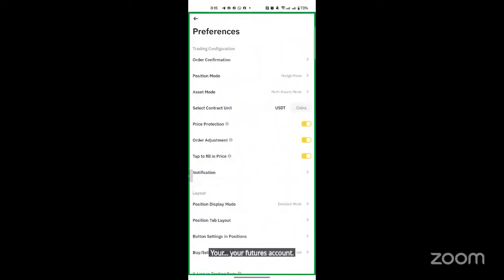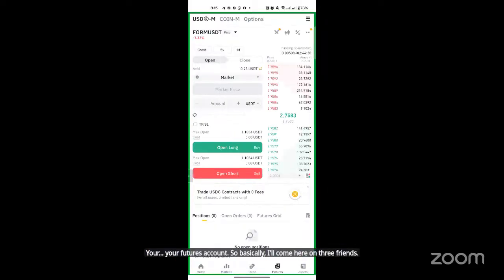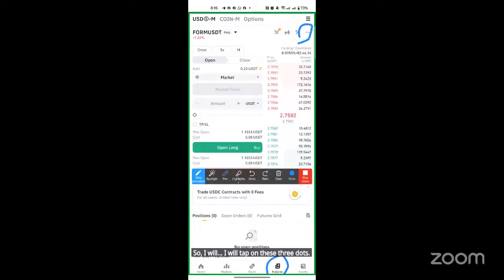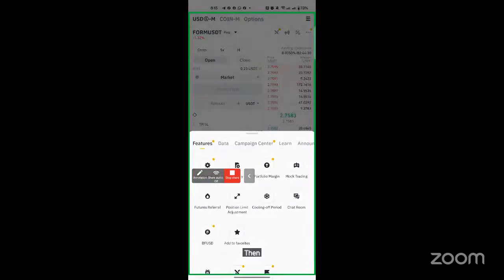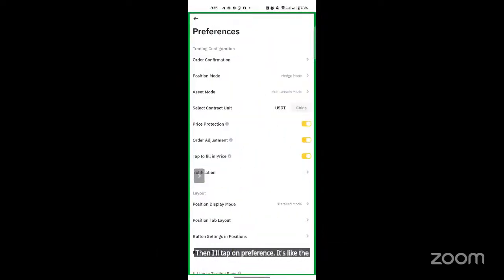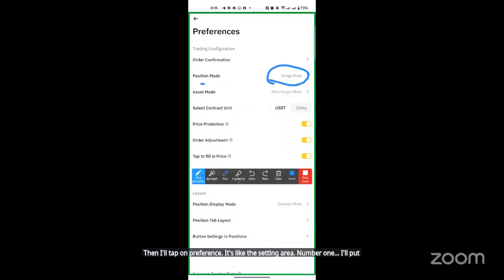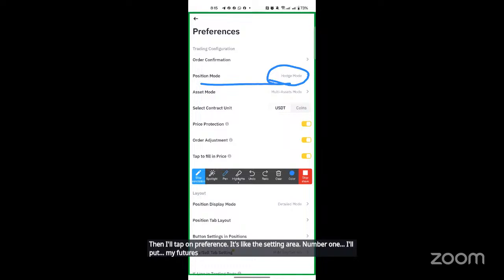So basically, I'll come here on preference. I will tap on these three dots in the corner. Then I'll tap on preference. It's like the setting area. Number one, I'll put my futures account in unhedge mode, because that's what Royal Q accepts.